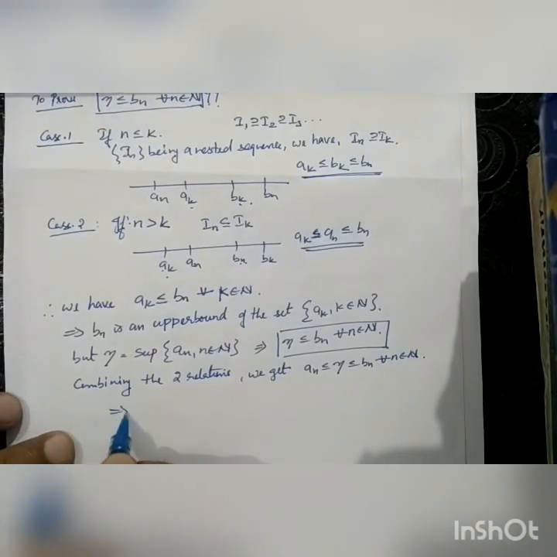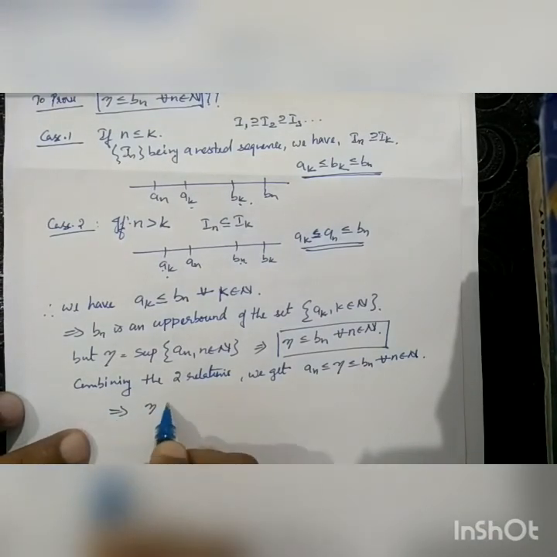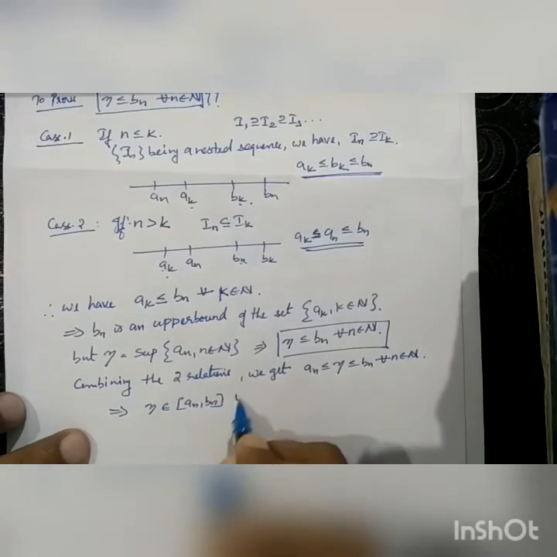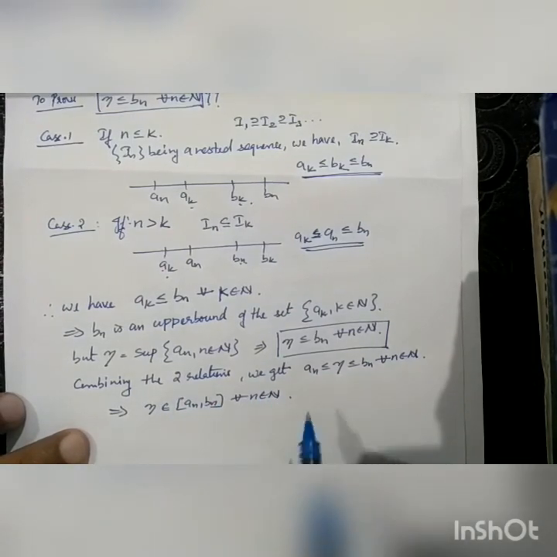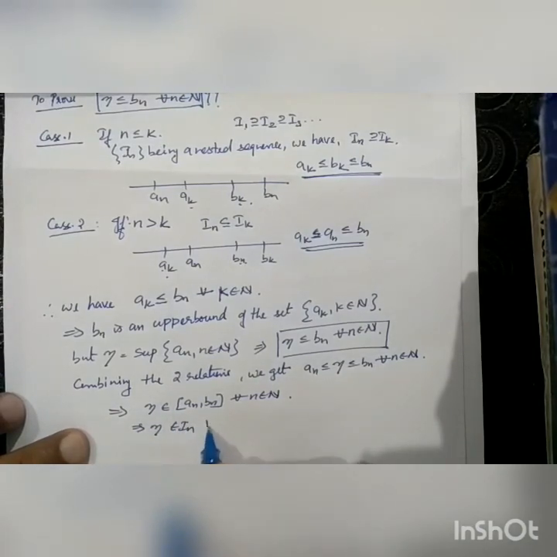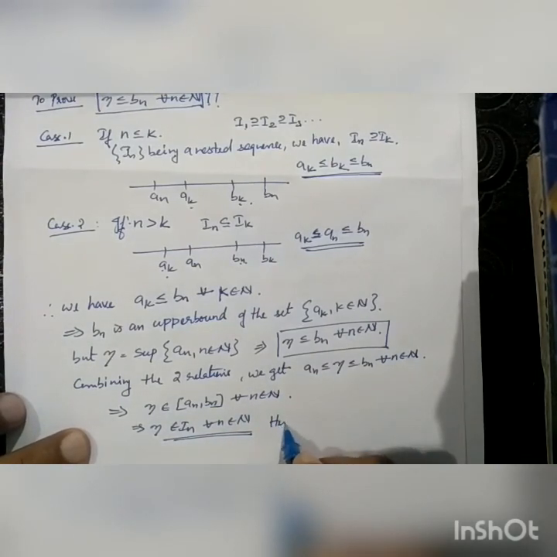Now what does this mean? This implies eta belongs to [an, bn] for every n belonging to N, or this implies eta belongs to In for every n belonging to N. Okay, so hence proved.